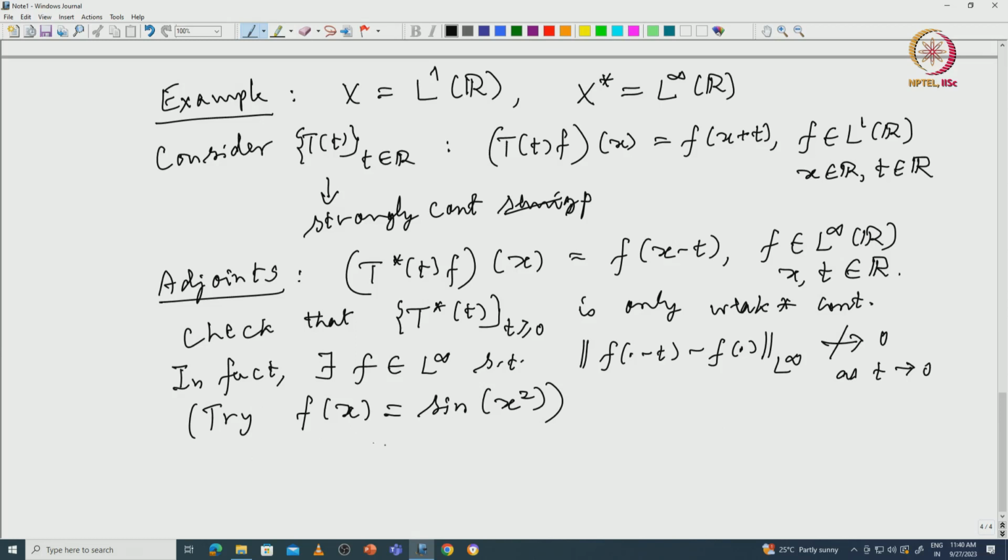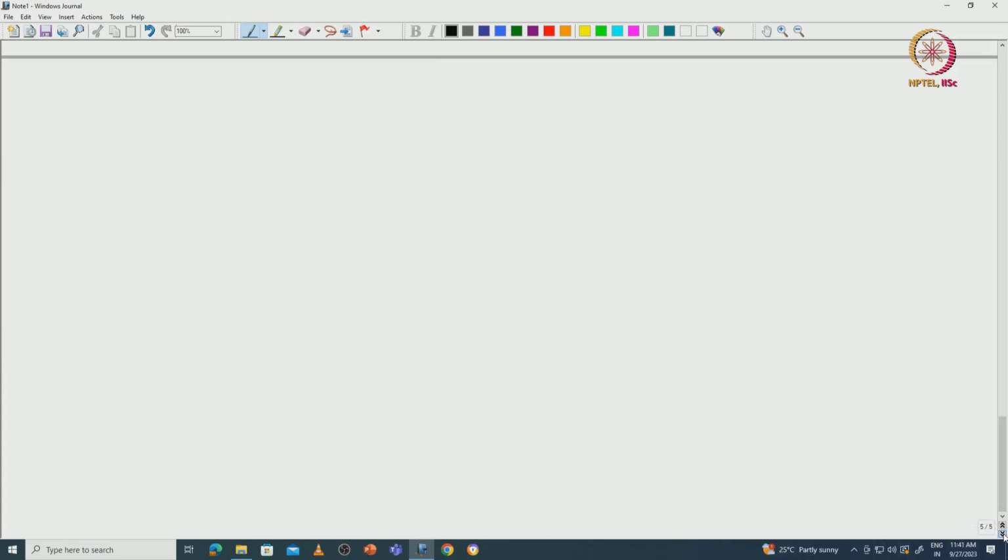And the third remark, these are all important topics, but unfortunately no time to discuss. So the third remark is concerning holomorphic or analytic semigroups. So this is a special class of semigroups.